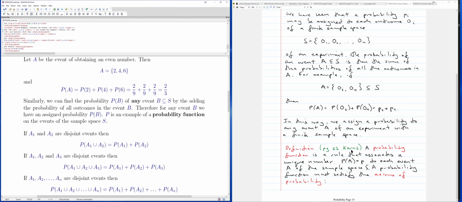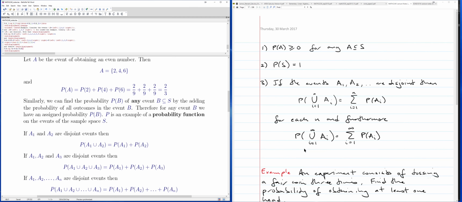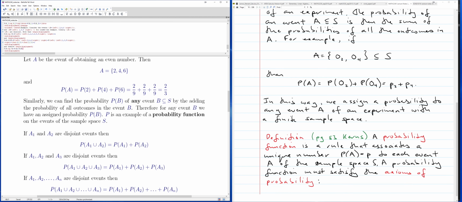As I said, we're going to use the idea of a probability function to talk about the axioms of probability. A probability function is a rule that associates a unique number to any event of a sample space. We just saw that.